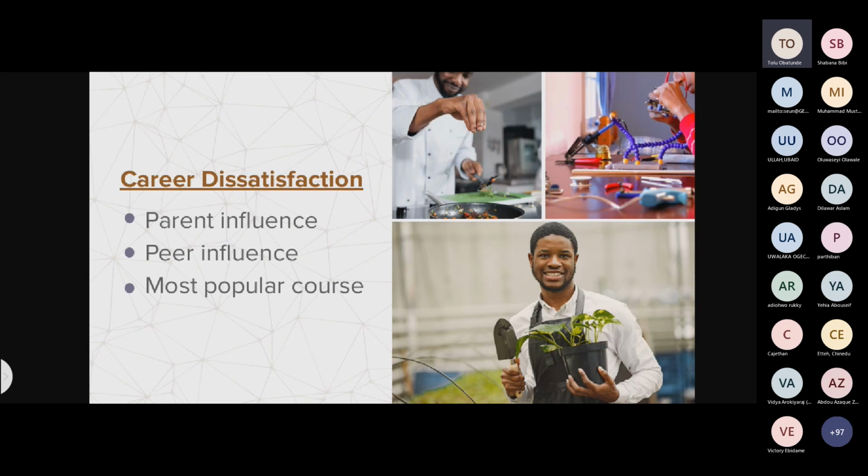One of the things, if you can see my screen, is that I listed the major things that actually cause career dissatisfaction. We have parent influence, we have peer influence, we have most popular courses and all of that. The parent influence can be especially during high school, like, oh, I have a friend of mine whose daughter is a medical doctor, and I want you to study medicine.